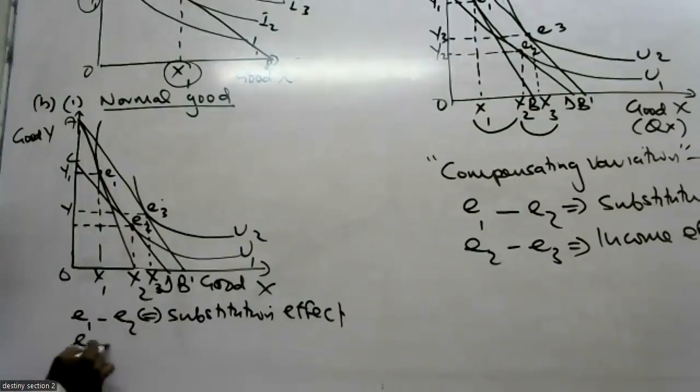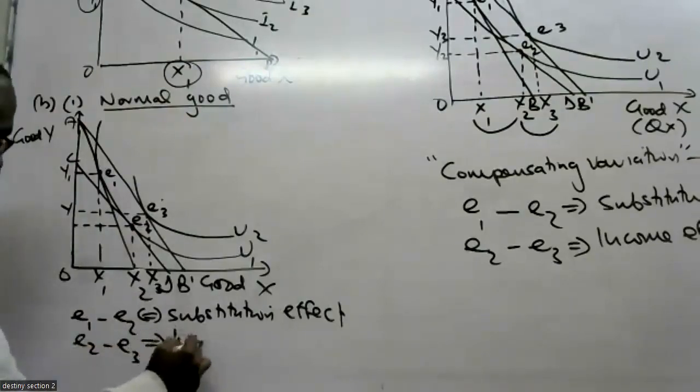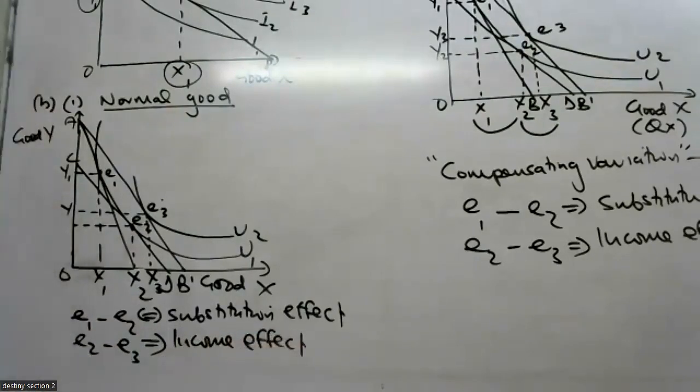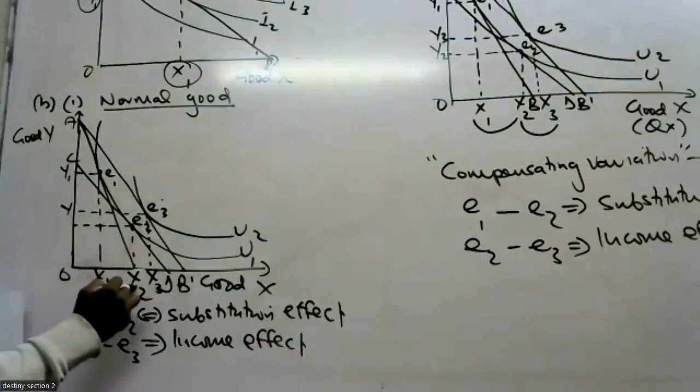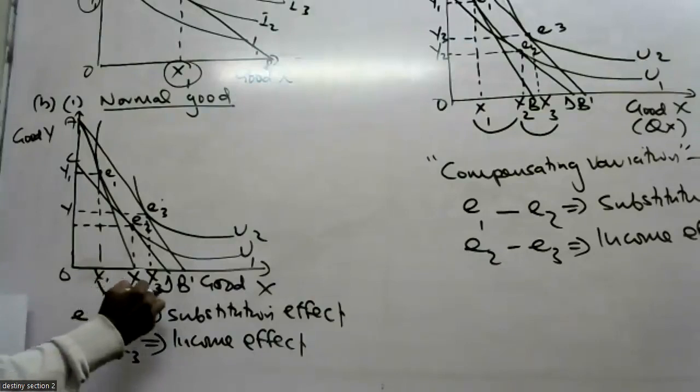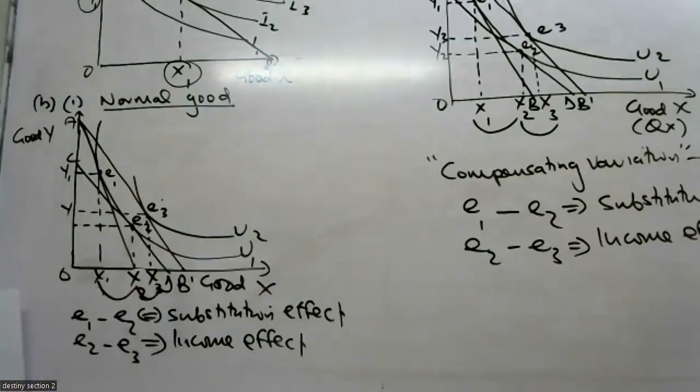So E2 to E3 is the income effect. Both the income effect and substitution effect are positive. So with the substitution effect, you increase from X1 to X2. The income effect increases X further to X3. So this is a normal good.